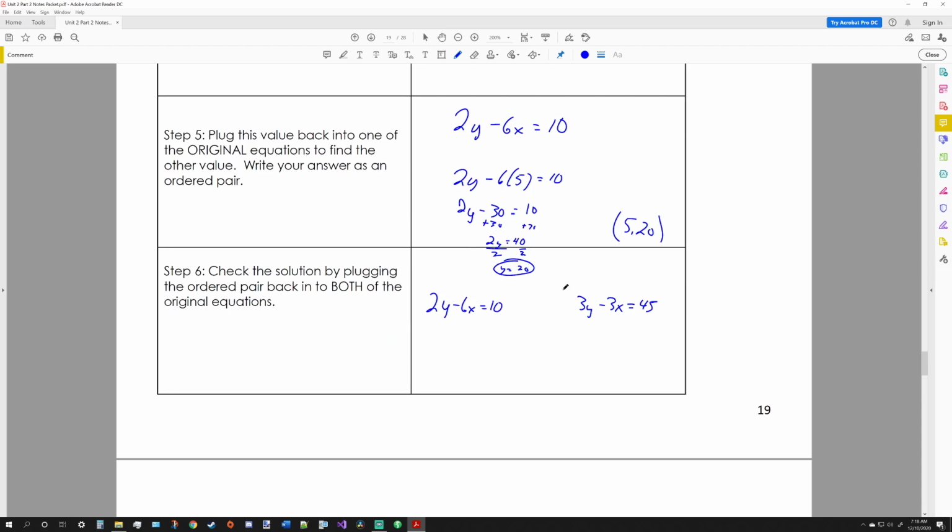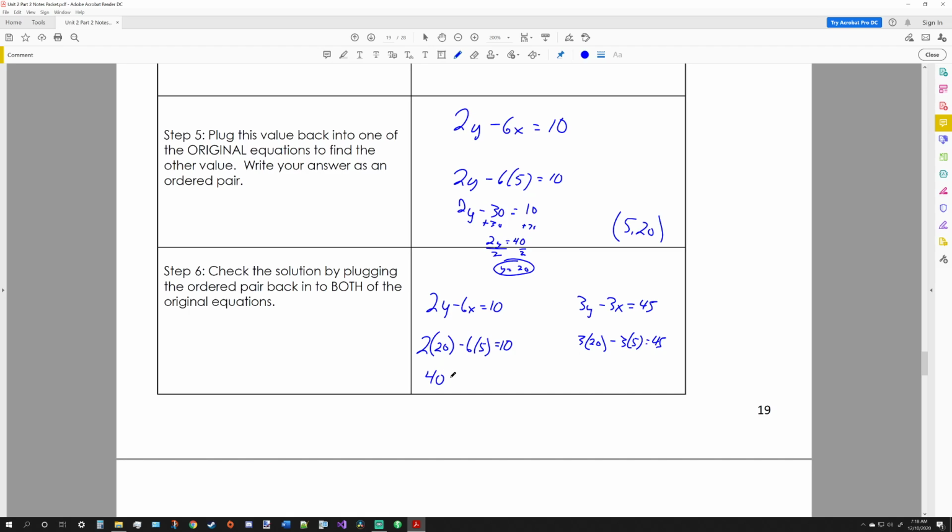And I check both these equations. So here's my x and y. The y is 20. X is 5. I'll just plug it all in at once, and I make sure I get a true statement on both of these.